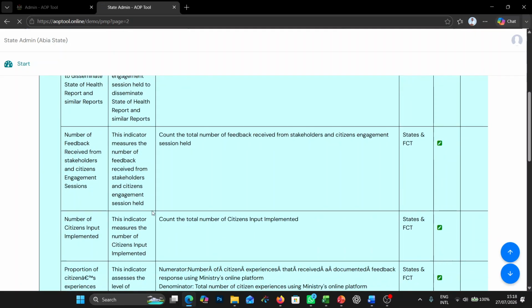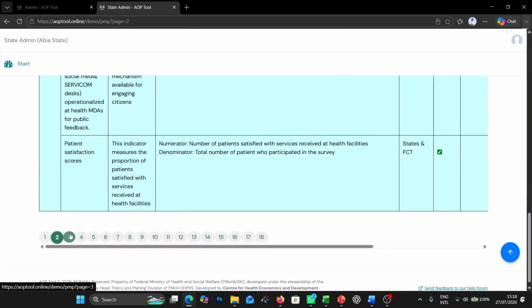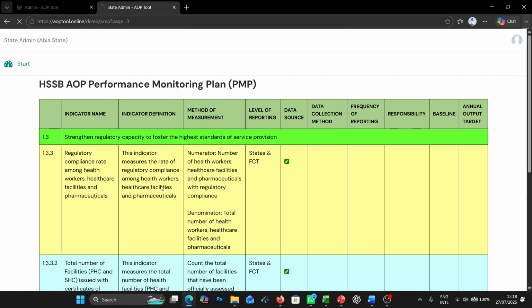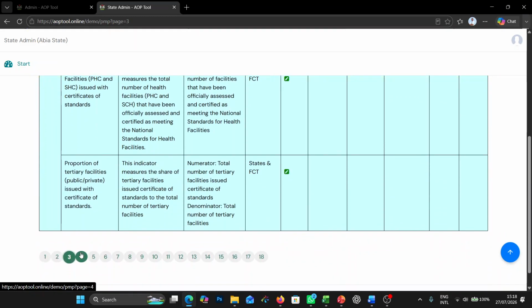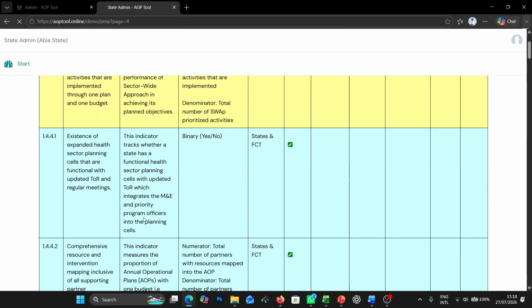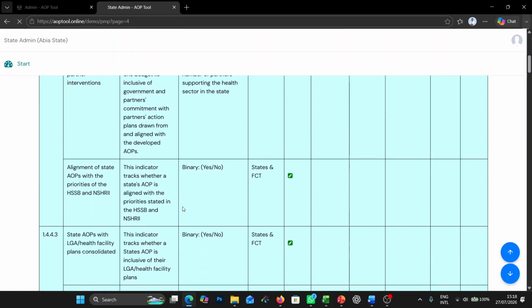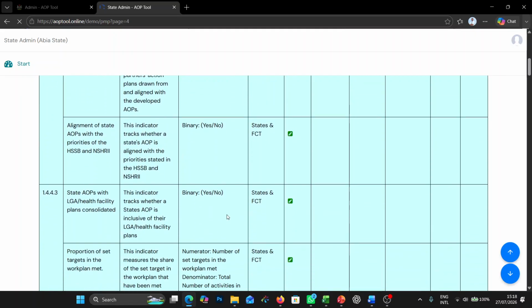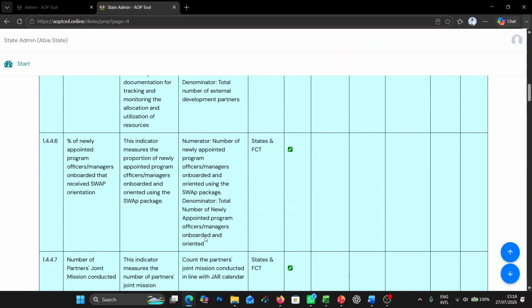For example, the baseline and target information that we populated, we can see here that the indicators are on different pages and sheets. The person that will populate it, which is the state admin, will come here and locate the intervention code. Once he's able to locate the intervention code, he can populate the baseline and the target.